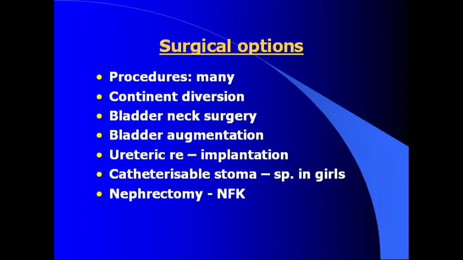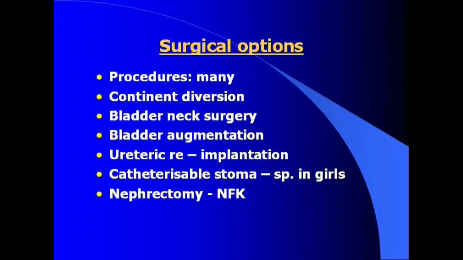Well, surgical options are many. Diversion; bladder neck surgery, if the bladder neck is loose; augmentation, if it is required, I mean if the bladder is small and tight; ureteric reimplantation, if there is persisting reflux with urinary tract infection; and a catheterizable stoma, especially in a girl.